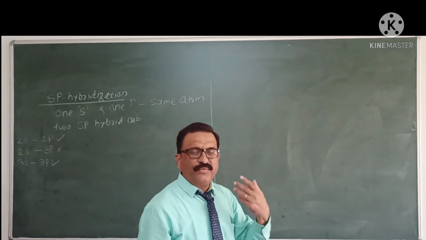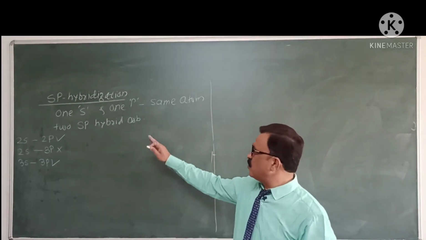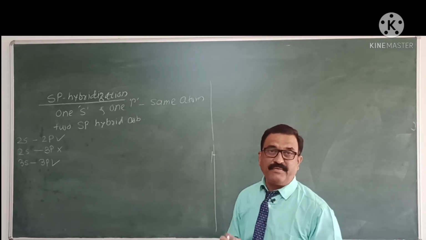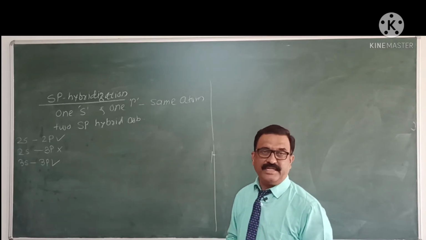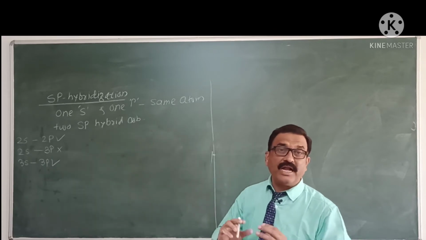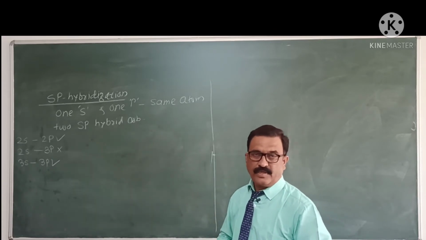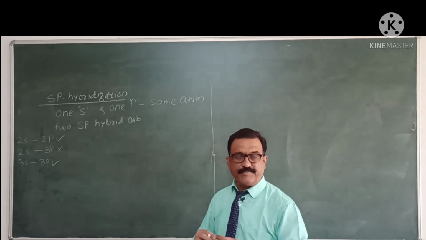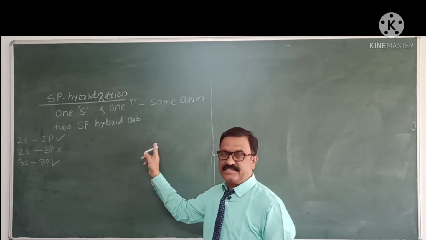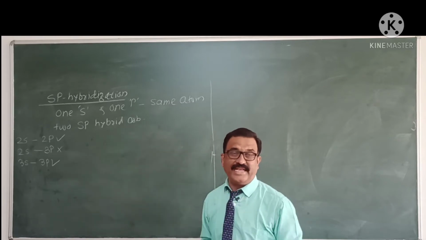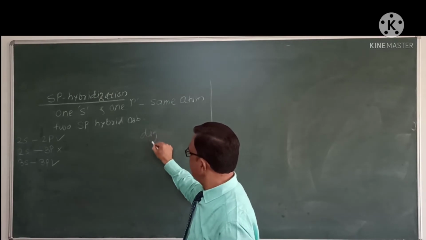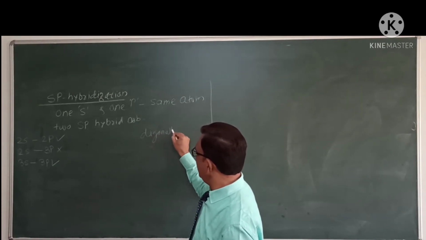These two sp hybrid orbitals have equivalent energy, the same energy, but a different orientation. To minimize the repulsion between them, these two hybrid orbitals are oriented diagonally or linearly.